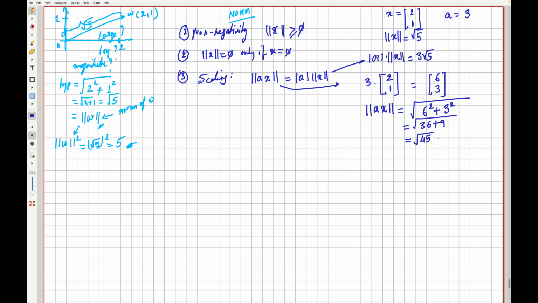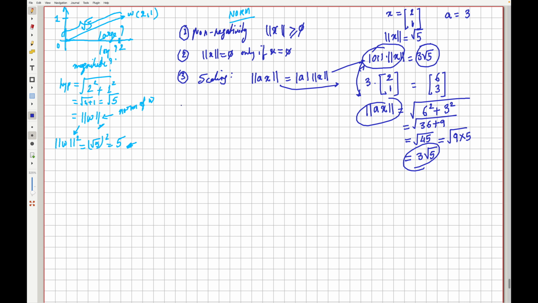As we know, we can decompose that to 9 times 5 is 45, and thus we can bring the 9 outside, so that would be 3 square root of 5. As you can see, this value is the same as this value, and that's the third property.